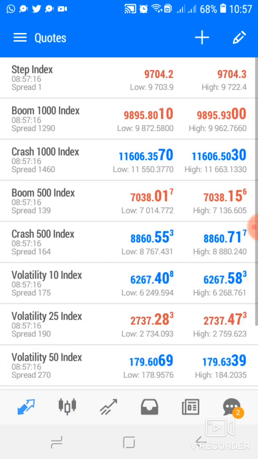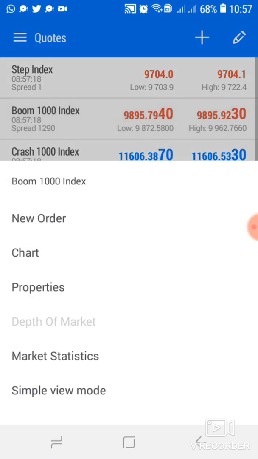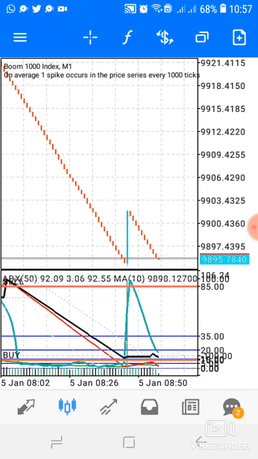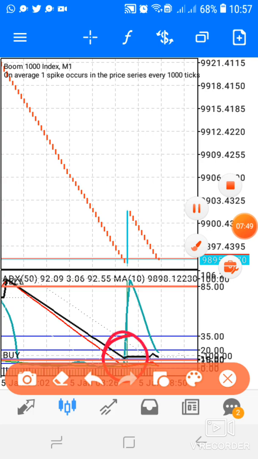Look at Crash. Let's look at Boom. Here it's Boom. The lines came and they met here. A person entered the trade and took the profits there. The Ichimoku said it spiked.